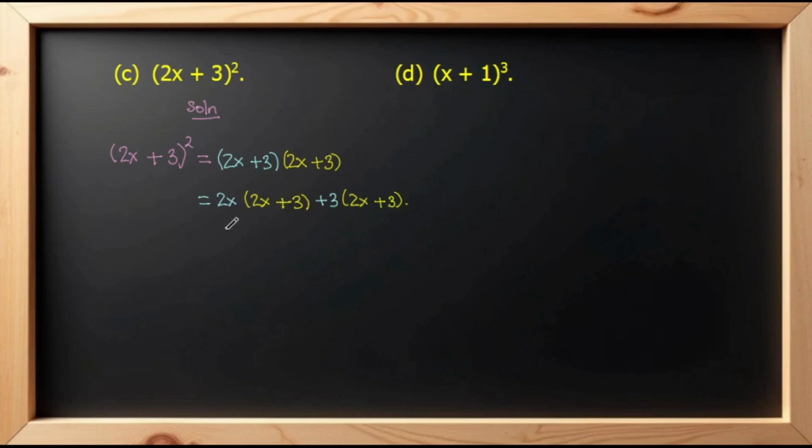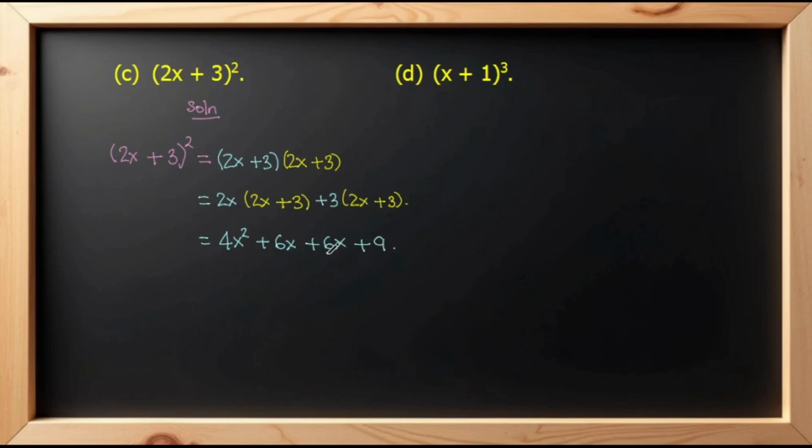So here we multiply these numbers together, so it results to 4x squared. The next one here results to 6x. Then we move on to the next bracket. We have here plus 6x, and lastly plus 9.